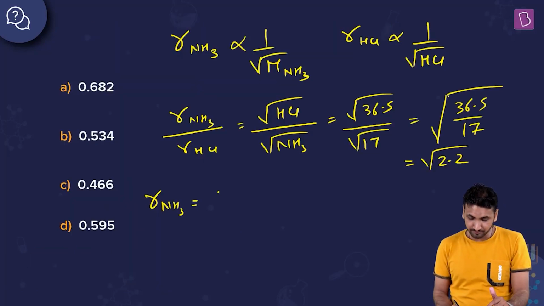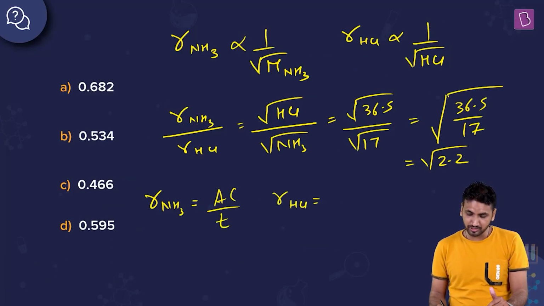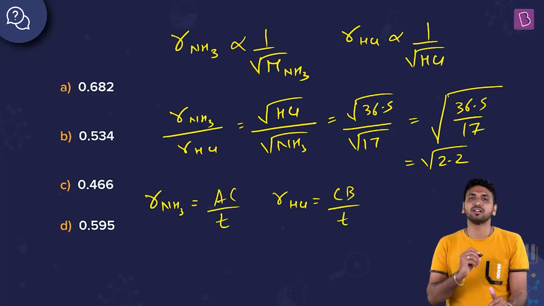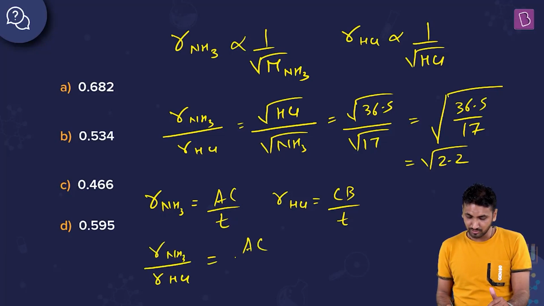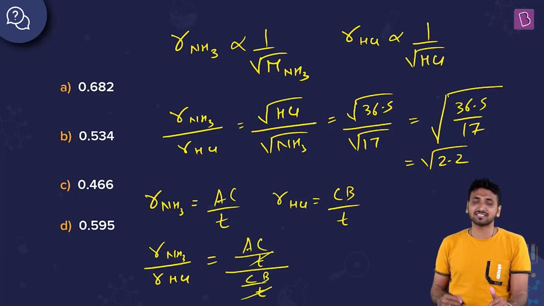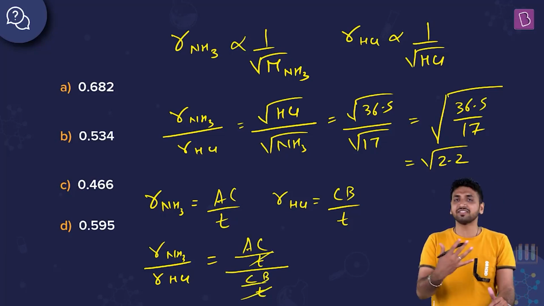So AC divided by time. Similarly, if I just calculate the rate of HCl, this is going to be CB divided by time. If I just take the ratio again, R NH3 by R HCl is going to be AC by T whole divided by CB by T. T gets cancelled. T is the time period of travel. That is same for both of them.